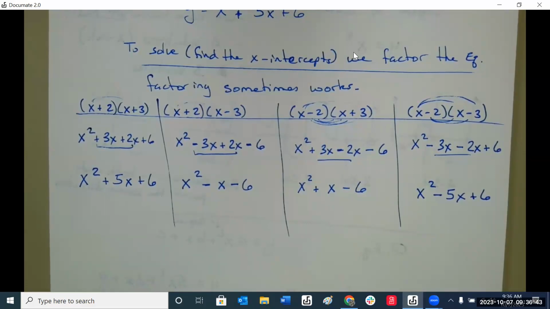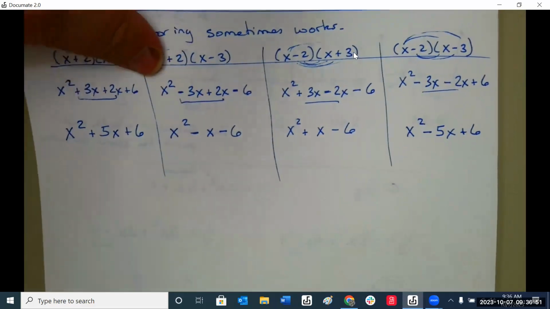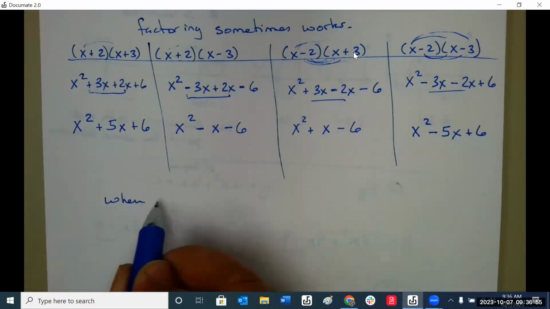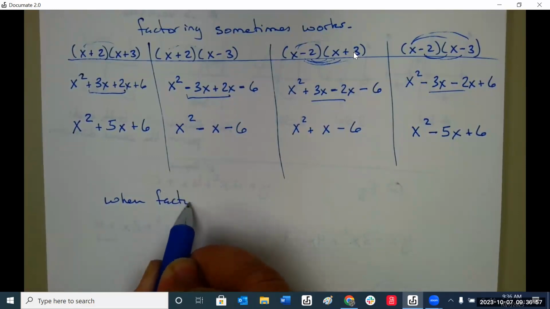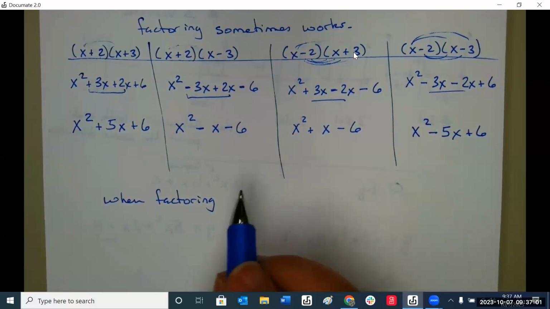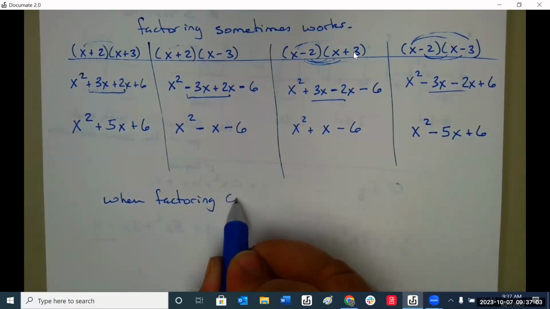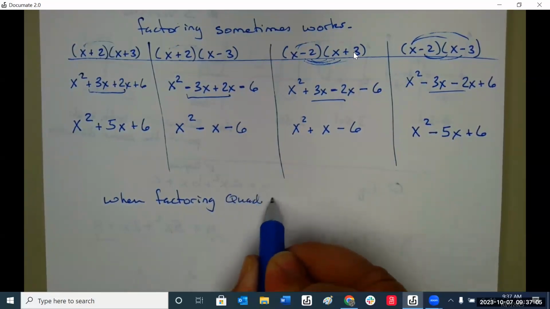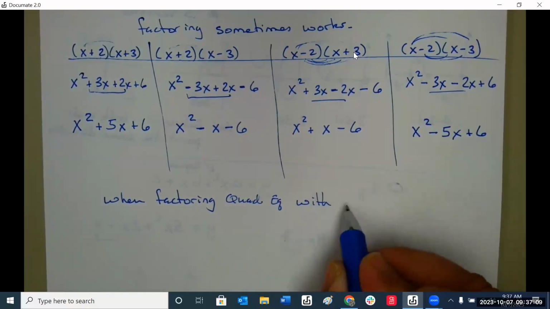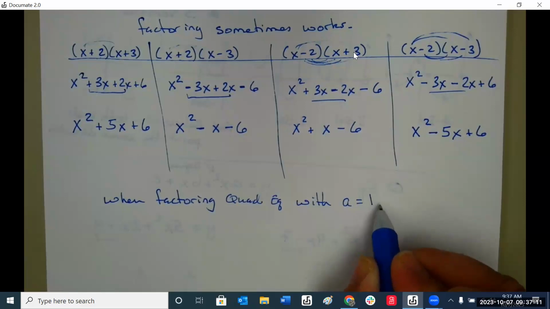The reason we do this is so you can first get practice multiplying these things, but more so we start seeing patterns when factoring quadratic equations with a equals 1.